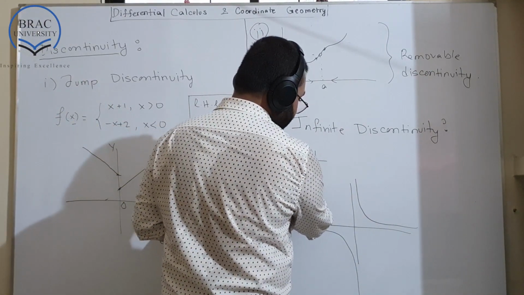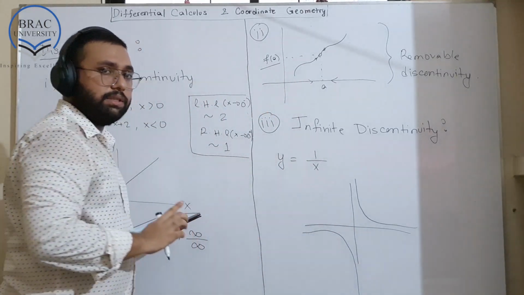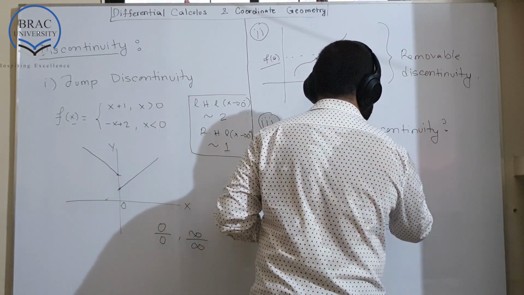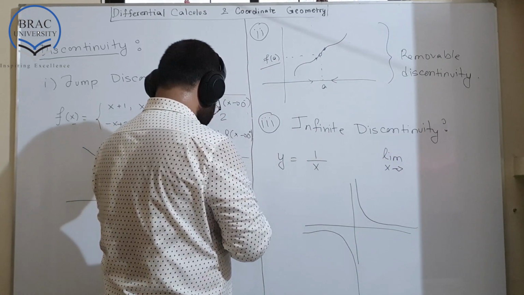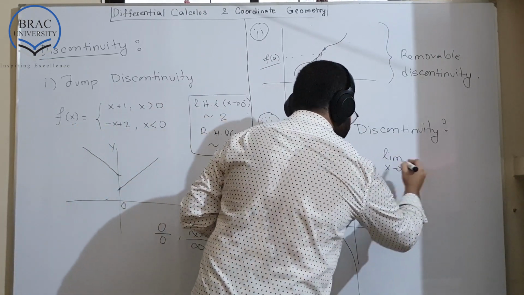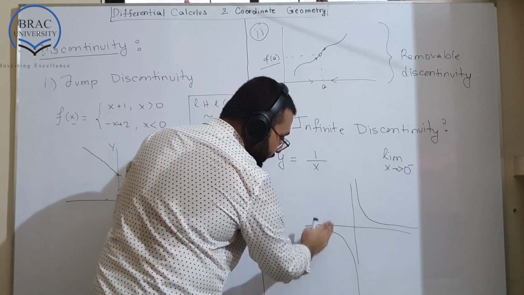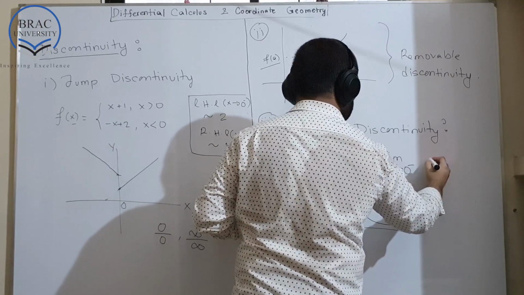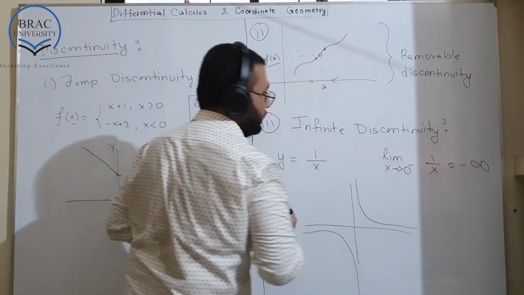As x goes to 0, our function goes towards infinity. So what do we do about our left-hand limit? Say x approaches 0 from the left side, this side. When we approach 0 from this side, we go towards negative infinity.